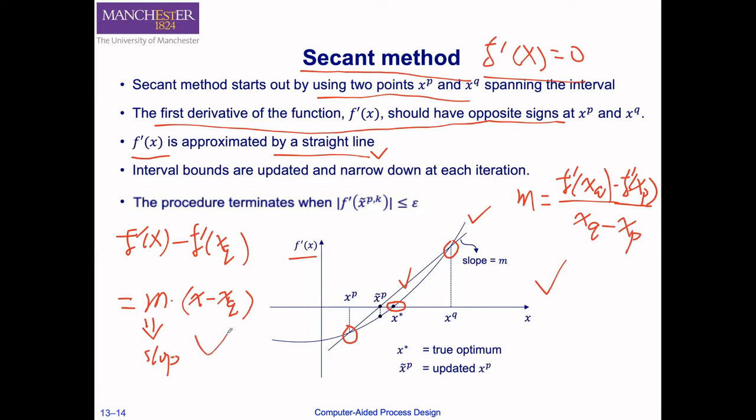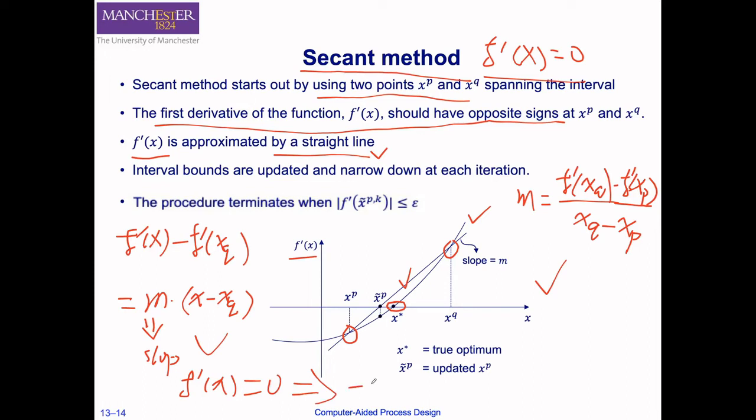Using this straight line equation, we can find the intersection of this straight line with the x-axis, that is the x-intercept. We just let f prime x be equal to 0, so then we can get the x-intercept of this straight line.